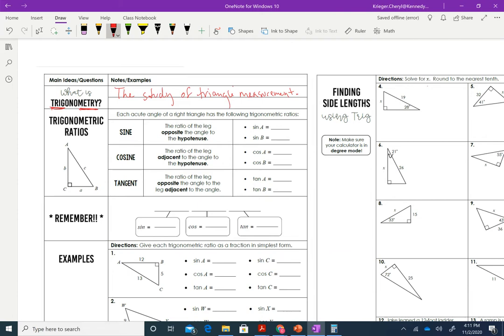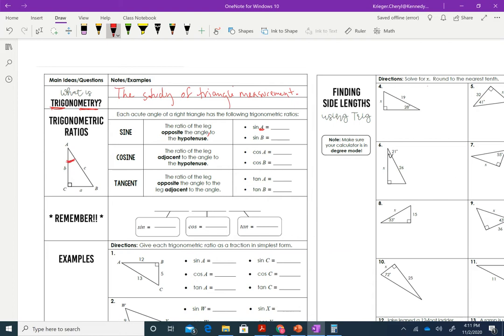Sine is the ratio of the leg opposite the angle to the hypotenuse. The ratio means it's going to be a fraction, and sine of A means sine of angle A. This is angle A over here on the left in our picture.